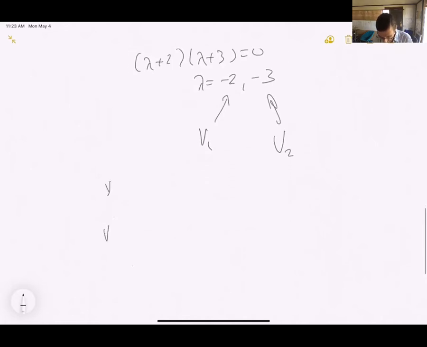Y, V would be K1 V1 times e to the -2t plus K2 V2 times e to the -3t.